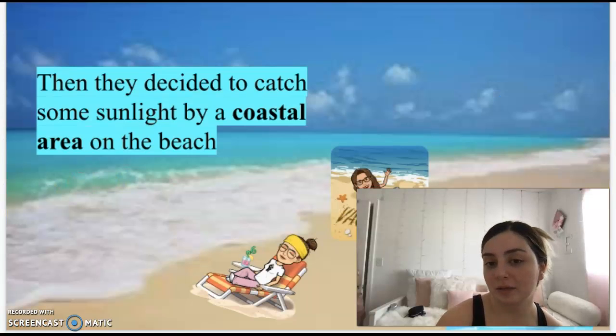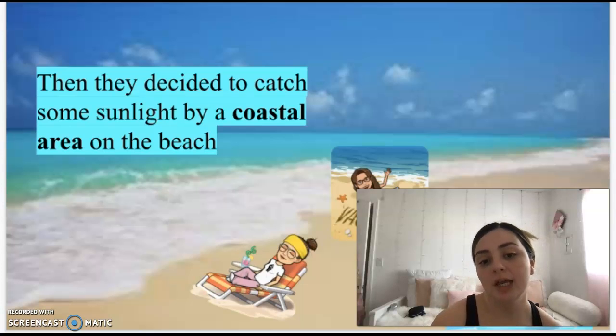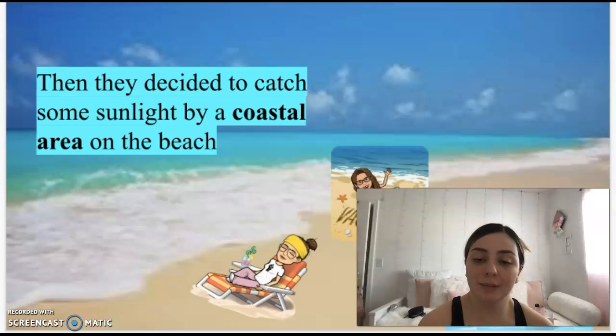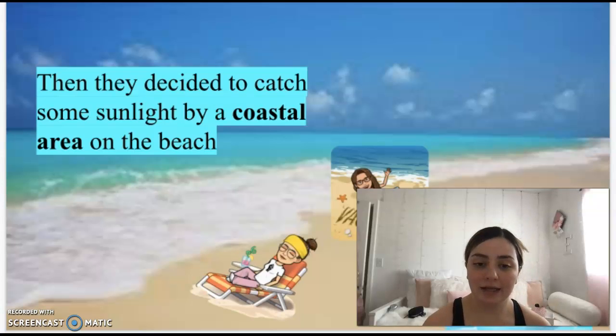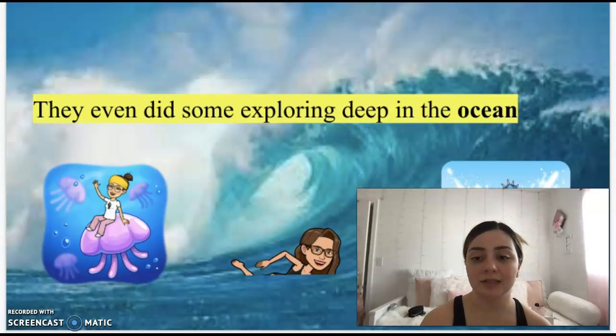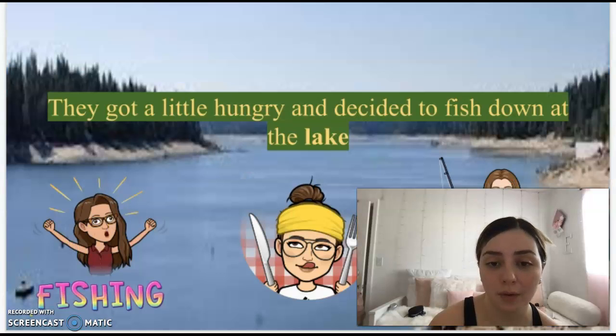And so then next up, we went to a coastal area, which is the beach, and we just talked about how the air was so fresh, and we were able to relax and build sand castles and just get a tan and so forth. The next one was the ocean, with some exploring, such as finding seashells and swimming and going on a boat and so forth.